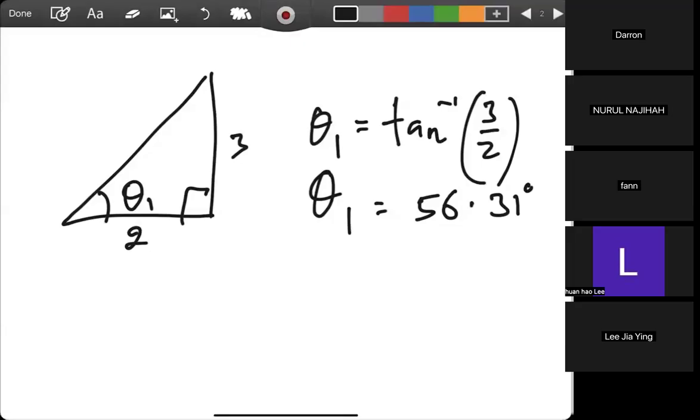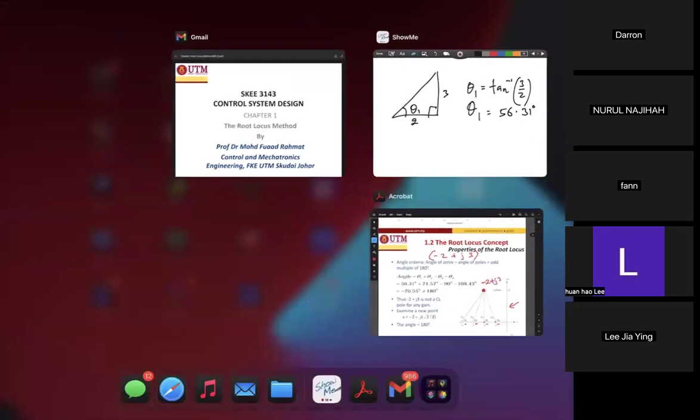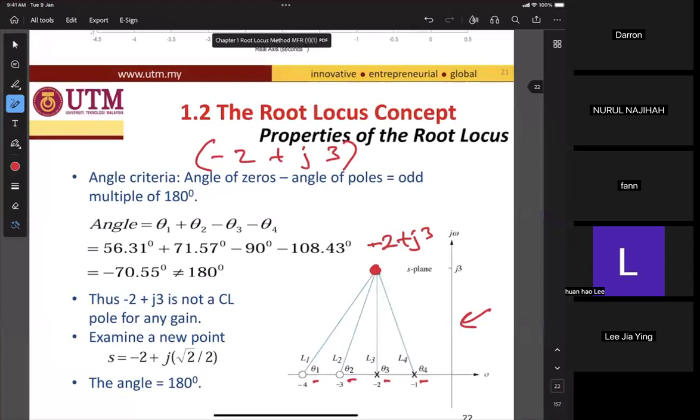Correct. Don't sleep in my class. Face to face, you come and see me. I will catch you. Okay, theta 2.